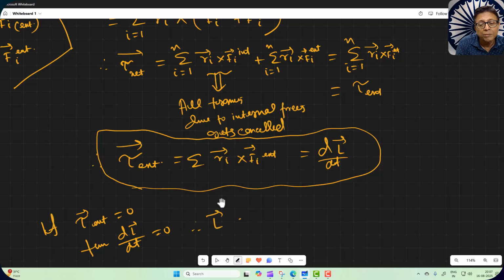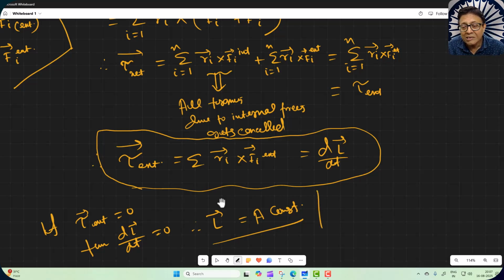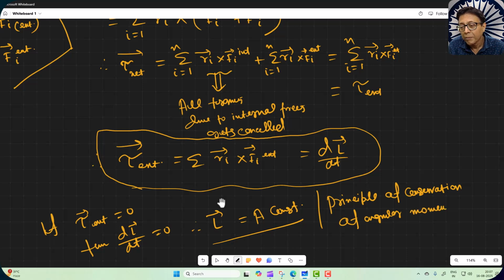Therefore, L equal to a constant. Okay. So, this is the principle of conservation of angular momentum. What is that?